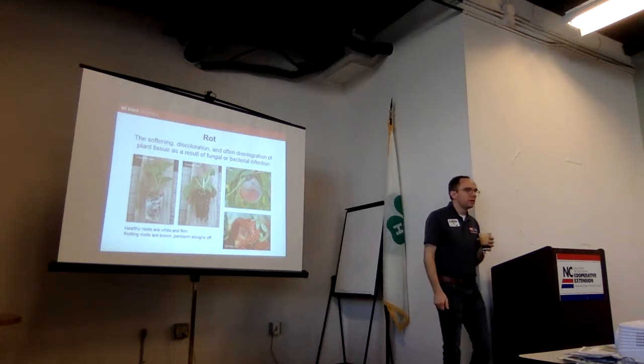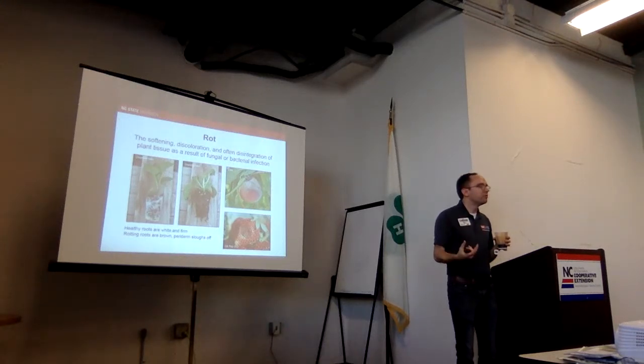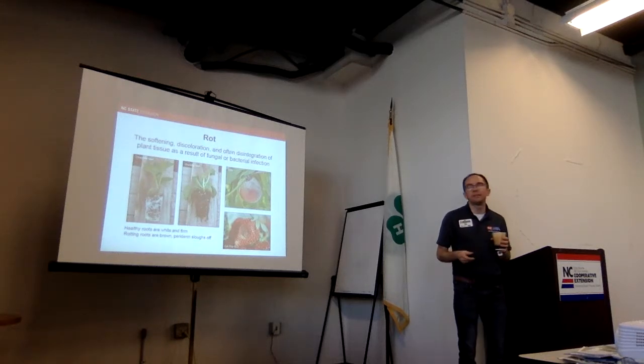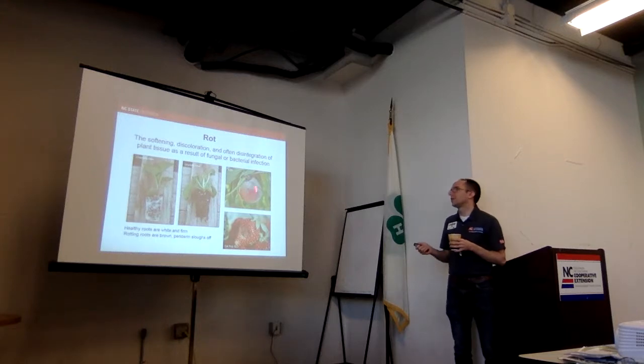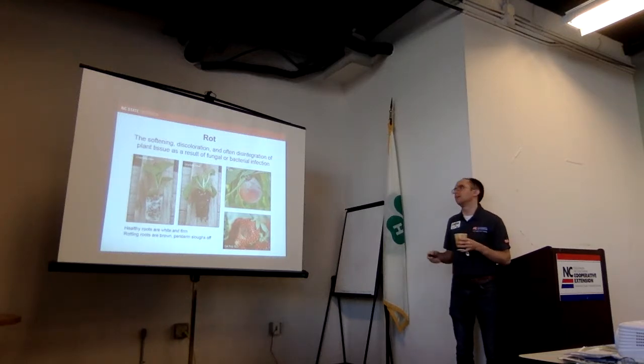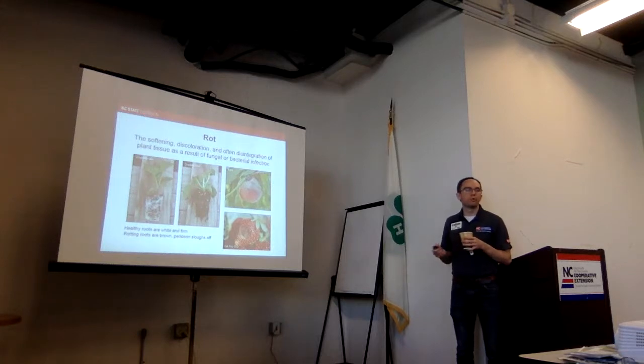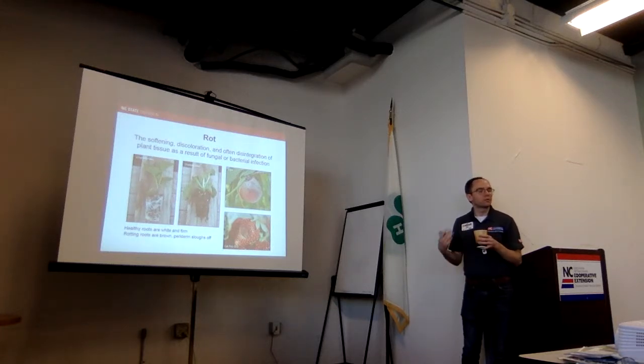Rots are softening of tissue as a result of mostly decay fungi. This causes the whole tissue to feel soft and rotten and smelly and sour. They occur on roots and on fruits most commonly. A root rot means that the roots have gotten too wet for too long, or they've been deprived of oxygen for too long.